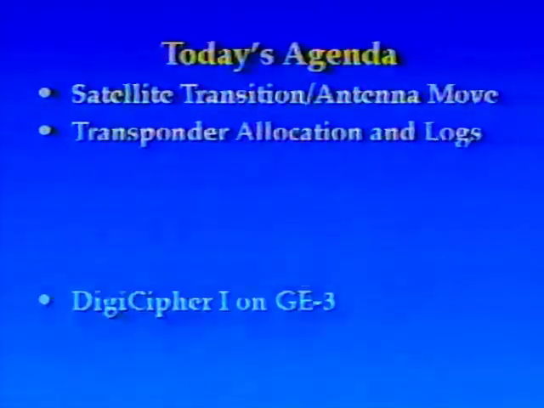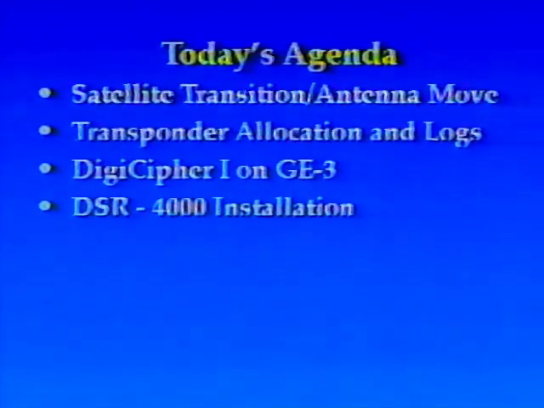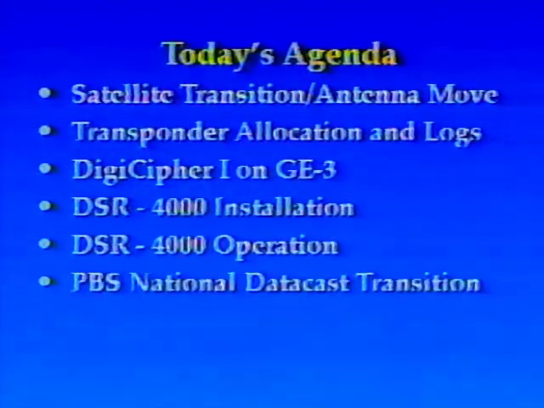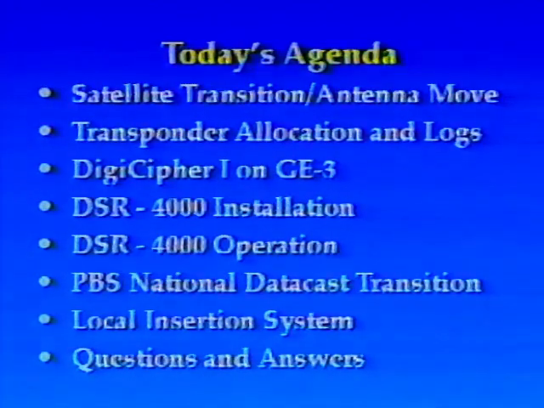Andy Butler will be picking up both Digicipher I issues on GE3 and then the DSR 4000 installation and operations. David Burrows will be talking about the PBS National Datacast transition. Back to Andy again to talk about local insertion system and remote control issues for that matter. And finally, hopefully about an hour into the show, as we did last time, we'll be ready to take your questions and hope we've got some of the answers.